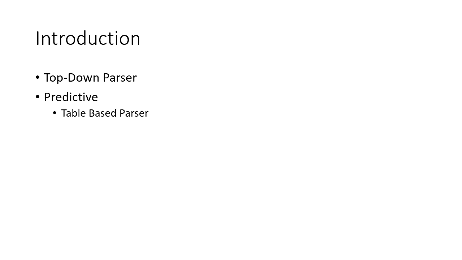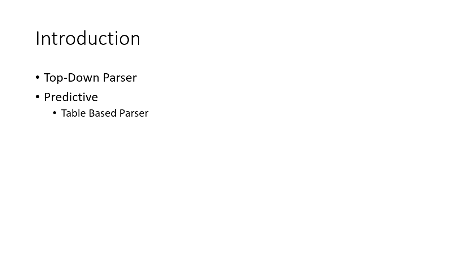I have already mentioned in our previous video that the 1 in LL1 stands for the number of lookaheads, the number of symbols which we will see in the input, and then we will make our prediction.